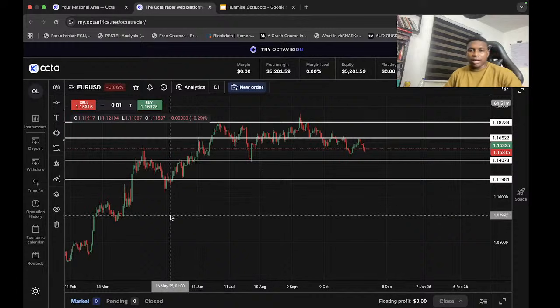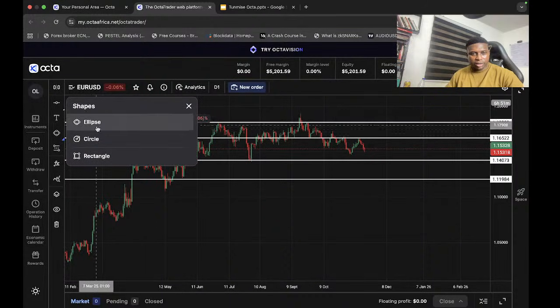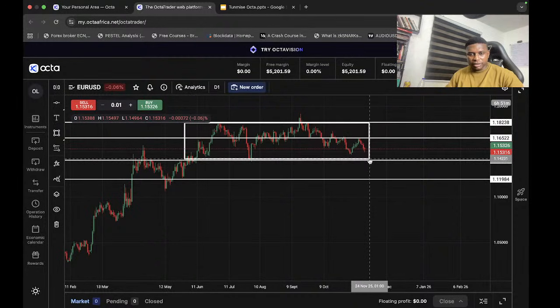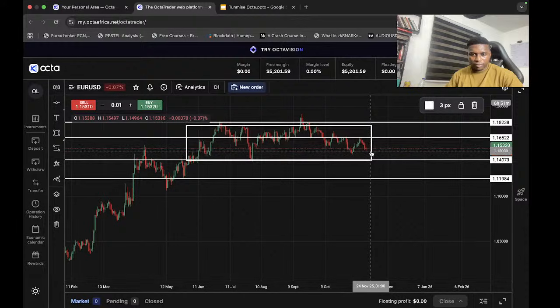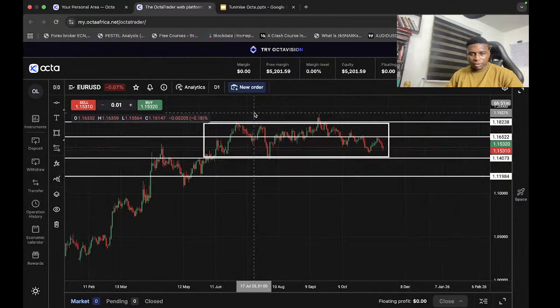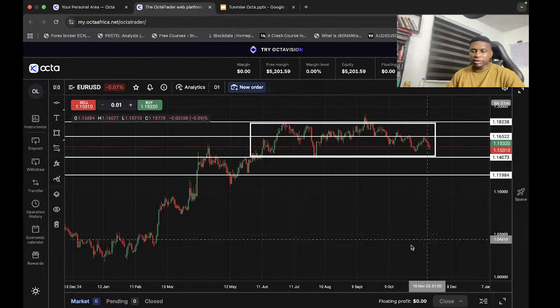We can see that price has been ranging in this box. Price has been ranging here. Good. You can see that price has been ranging at this level.